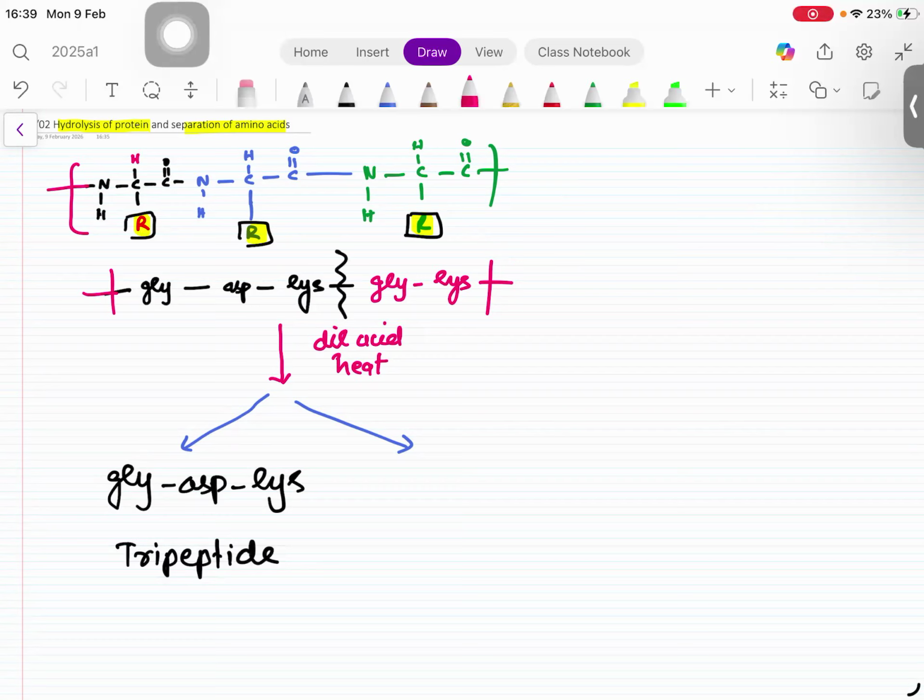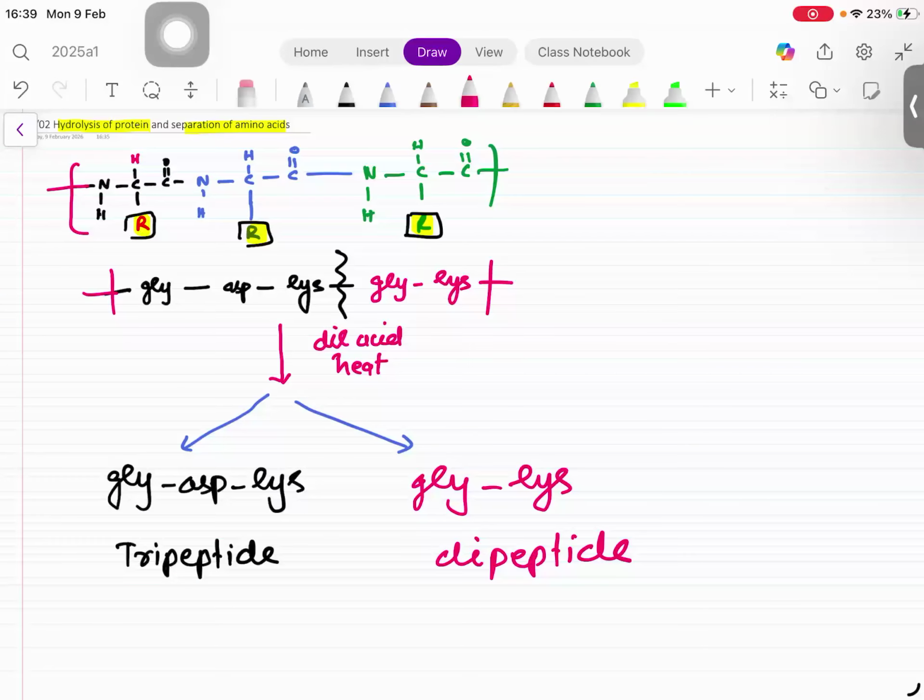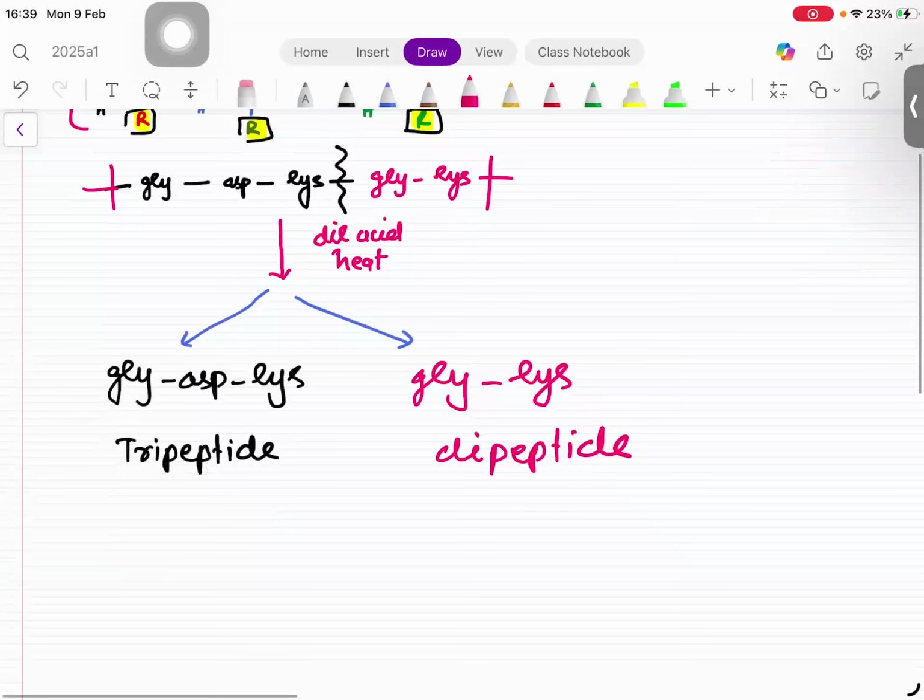So the other side is what? Glycine and LYS. This is known as dipeptide. So a protein which consists of the long carbon chain breaks down into the units of 3 and 2, right?